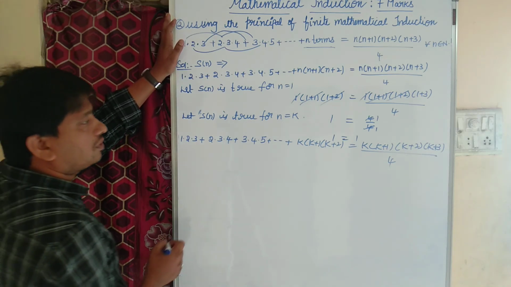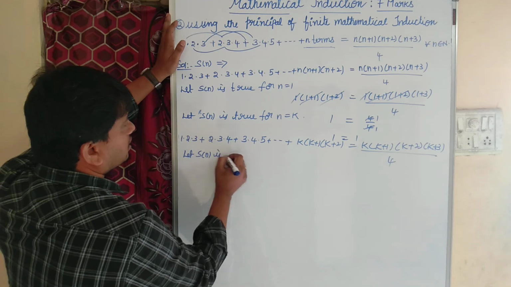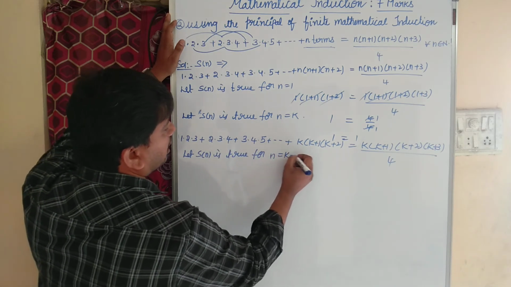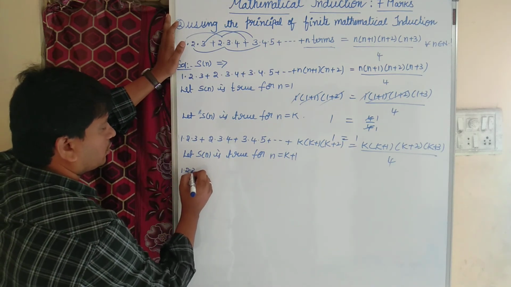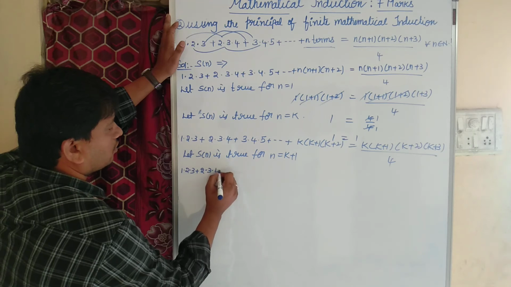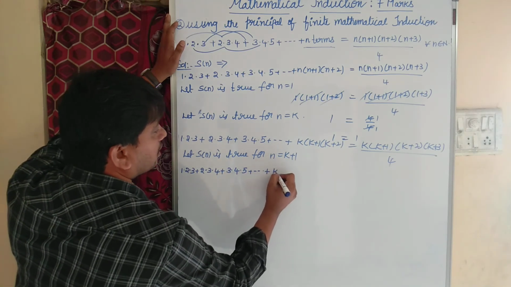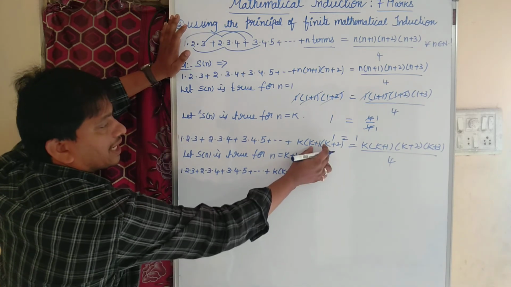Now step number 4: let S of n be true for n equal to k plus 1. That is 1 into 2 into 3 plus 2 into 3 into 4 plus 3 into 4 into 5 and so on, plus k into k plus 1 into k plus 2, which is what I wrote.